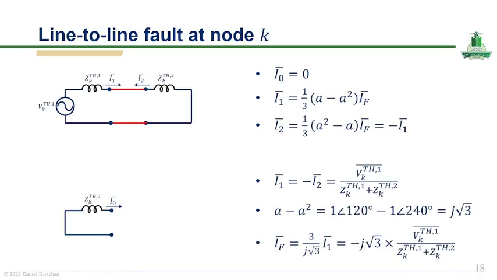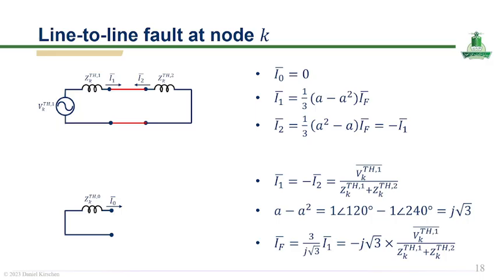Okay, this slide explains the analysis of a line-to-line fault occurring at node K using the method of symmetrical components. In such a fault, there is no zero sequence current, which is why I0 is equal to 0.